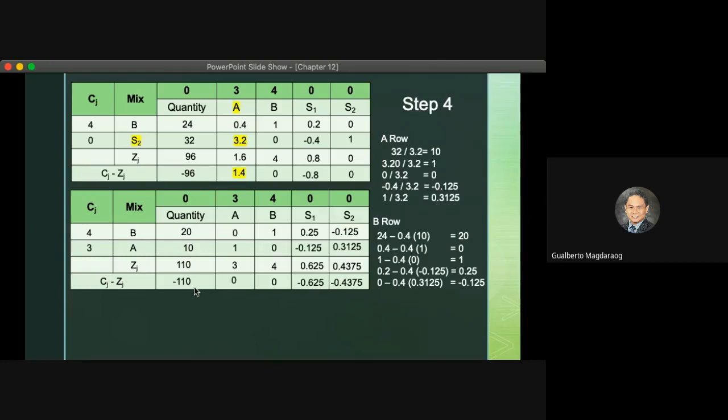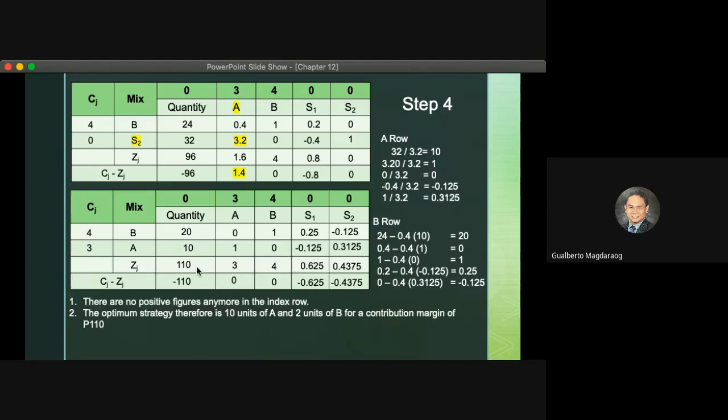Either 0 or negative na lang siya. So therefore, we were able to reach the maximum combination of our product mix and the maximum amount of contribution margin, which is 110. Okay, so similar to what we were able to compute in the algebraic method and the graphic method, A is 10, B is 20, we will have the same contribution margin of 110.